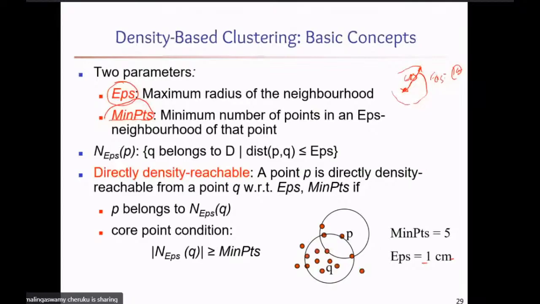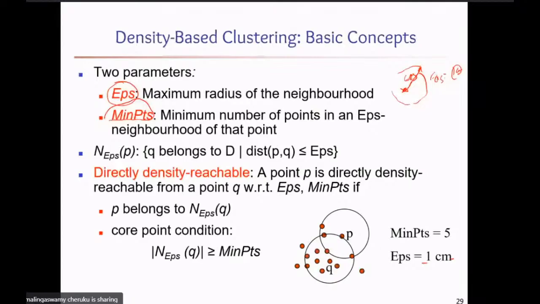If you want to define density connected regions, you must know what is the density reachable region. If you want to define density reachable regions, you must know directly density reachable. So there is a chain of connections. So the maximal set of such density connected points together forms the cluster.